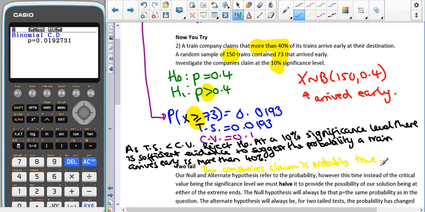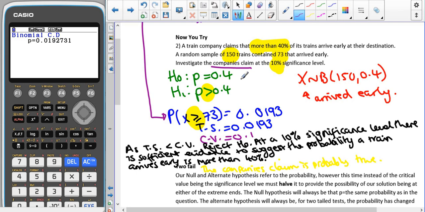Now, I've also added this little comment here at the bottom. It's a little bit hard to see because it's in yellow. But actually in the question, they were asking us to investigate the company's claim. Now, if it's ever saying to investigate someone's claim, it's always a good idea to write your conclusion still in the context of whatever you were testing, but then to add a statement at the end as to whether the claim was correct or false.